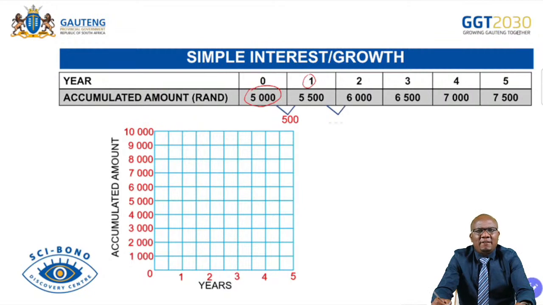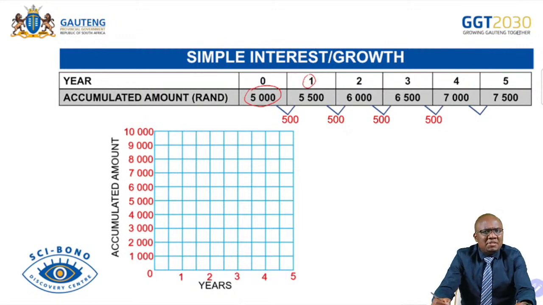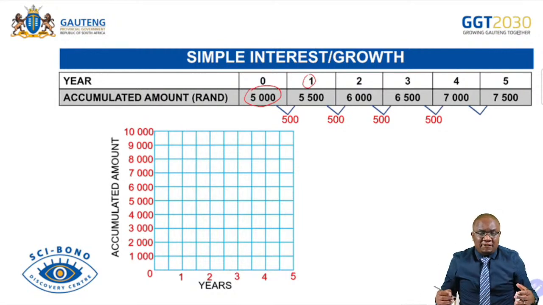It went up by 500 rand. 6,500, went up by 500 rand. 7,000, it went up by 500 rand. 7,500, because it went up by 500 rand. So now what do you observe? Before we talk about the observations, I'll give you maybe 1 minute to discuss the observations.